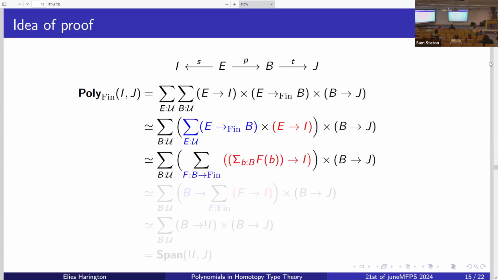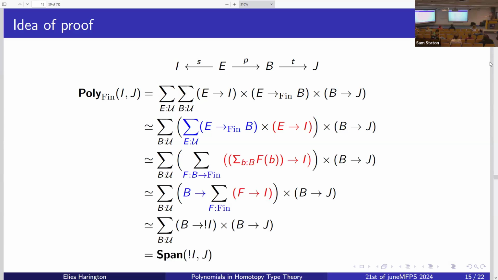And here, this pair of things can also be rewritten by refactoring as a family of finite types together with colorings of all these elements of those families. And this here is exactly what I wrote before as bang I. And the data of a type B together with a map to bang I and a map to J is exactly the same thing as a span from bang I to J.